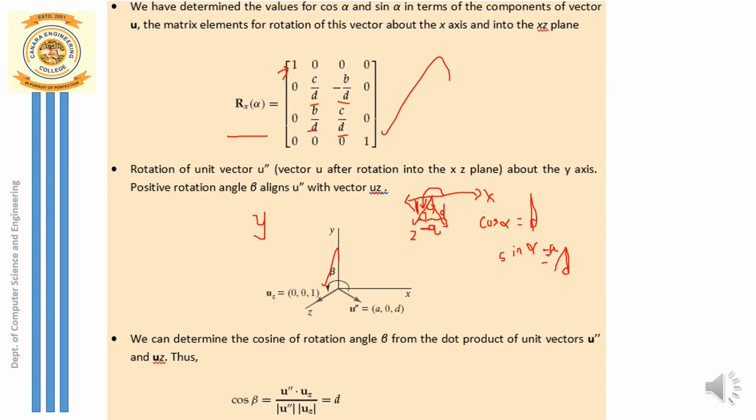It becomes negative since I am considering the negative x-axis, along which I am considering this rotation. So that is why minus a by d. Cos alpha is just d divided by 1, whereas sine alpha is given by minus a divided by d. Once I compute these two values, I can substitute them in my matrix. What is the matrix I have? Ry of alpha.